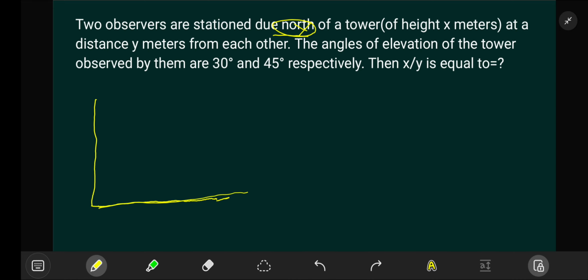They are standing only on one side. Suppose one person is here, and the angles of elevation are this 30 degrees and this angle 45 degrees.